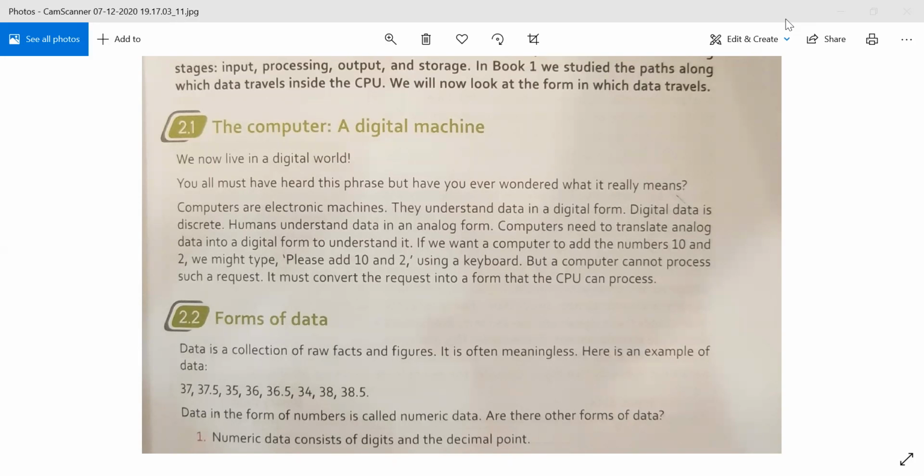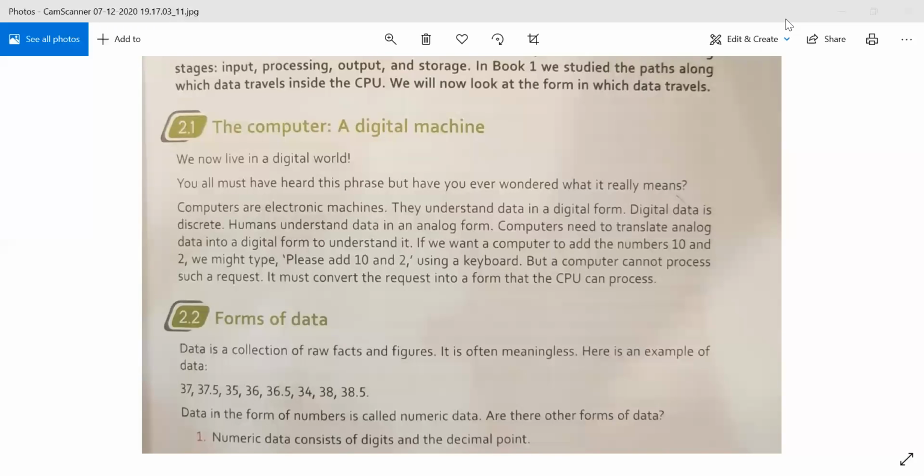Okay, students, we all know that nowadays we are living in a digital world. Digital world means that we are using technology which we haven't used ever before. It saves our time, it does our work quickly without making errors, right?